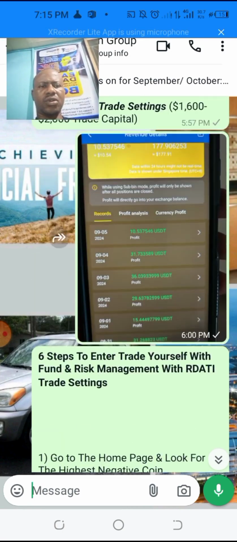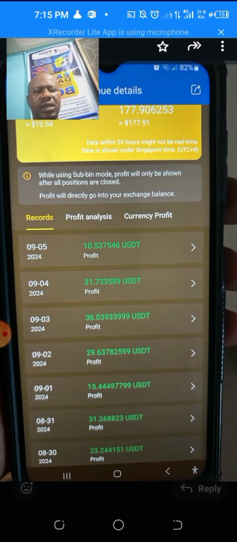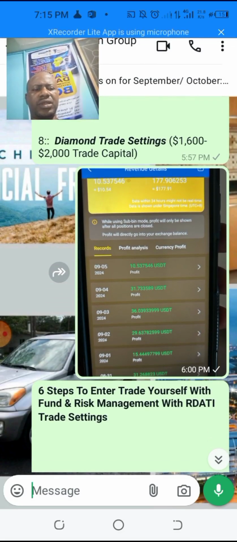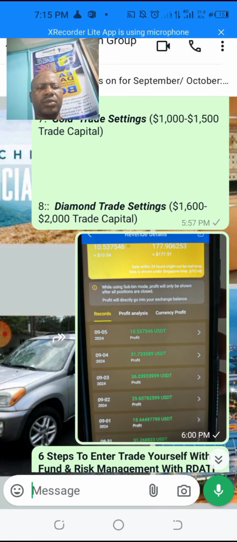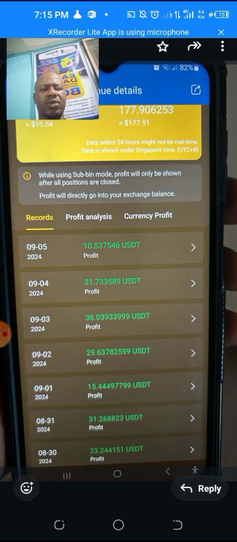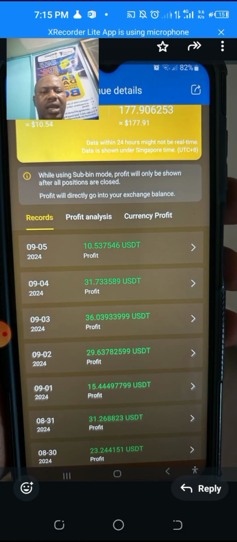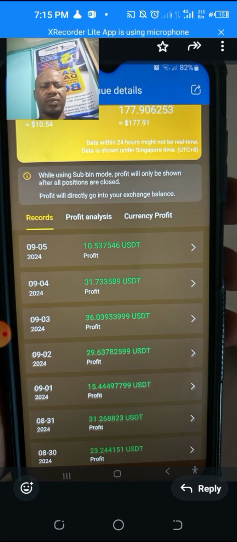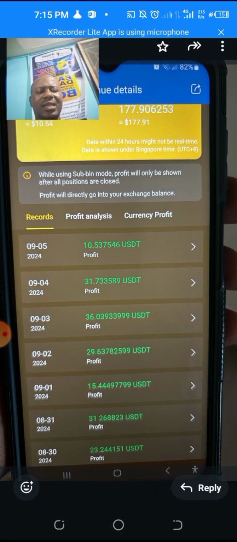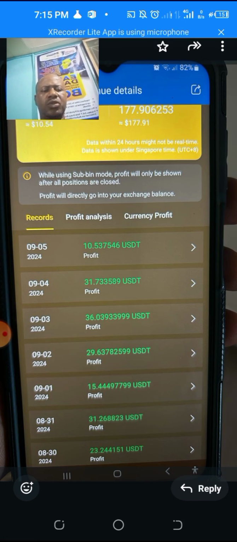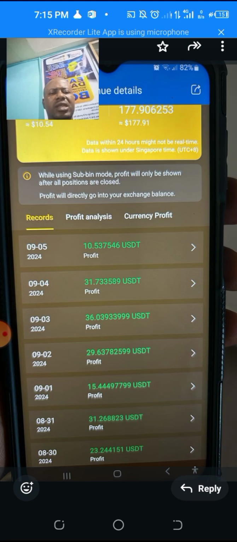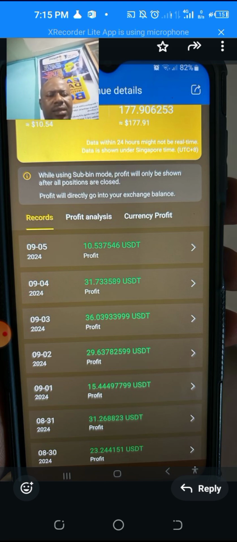This is a result of an account using these 6 steps to trade on RoyalQ with $2,800. This is a new account. In the last 7 days, you can see the results. You can see that almost every day this account is making money using the fund and risk management with the trade settings.